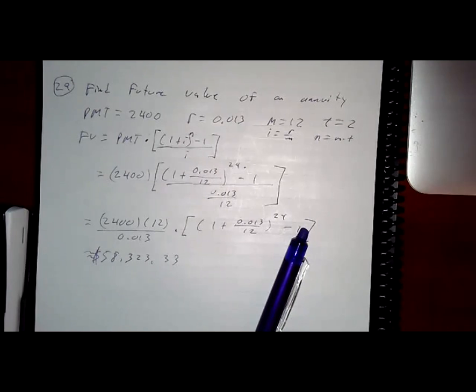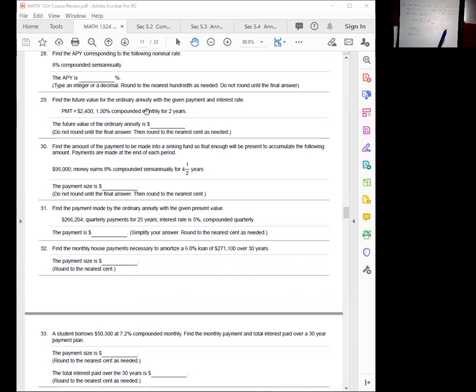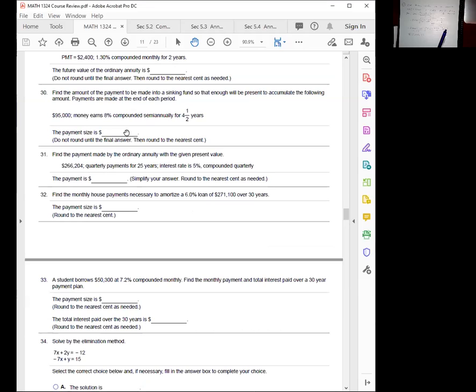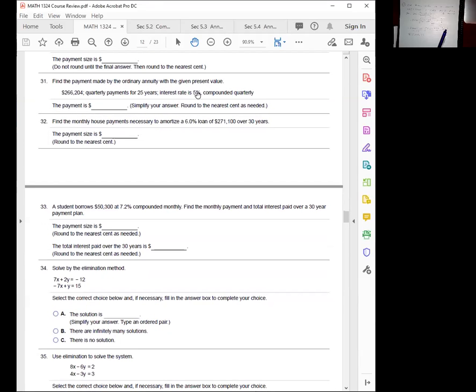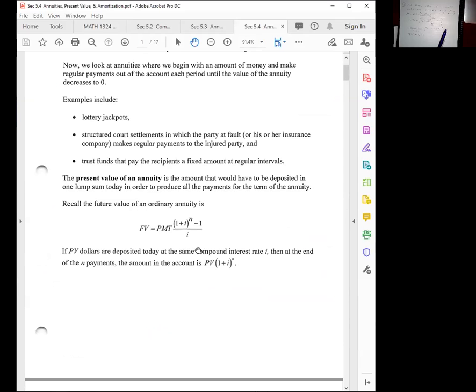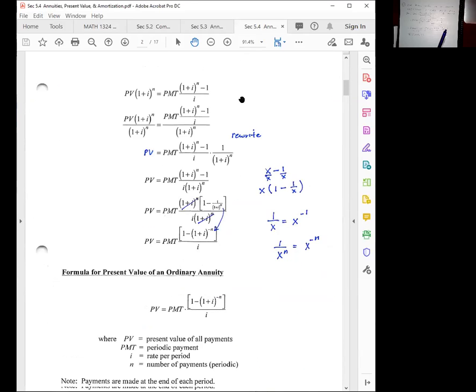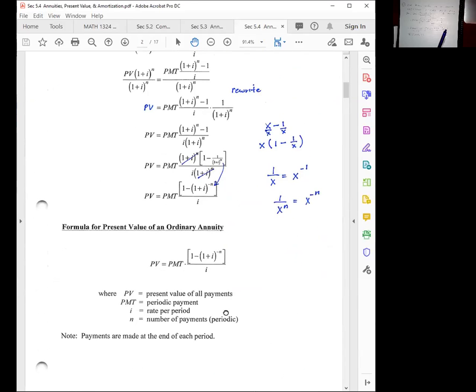So those reviews are a little long, but we're almost there. All right. 30 is basically a continuous compound question. We already did one of those. Similar anyway. Here you're solving for payment. So this is the formula from 5.4. You're going to look for PMT. I think I gave you the formula for PMT, right?